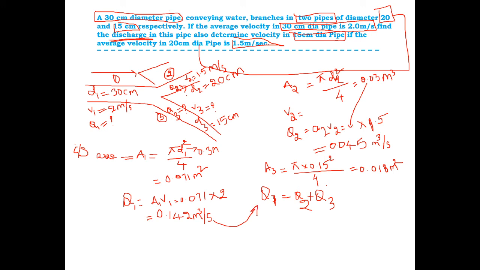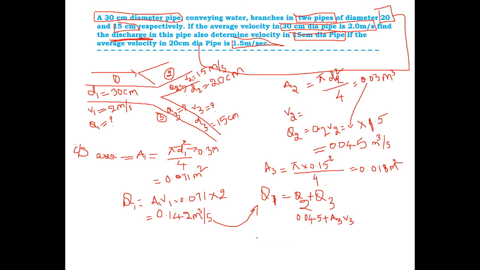Next, Q2 0.045 plus Q3 is nothing but A3 into V3.